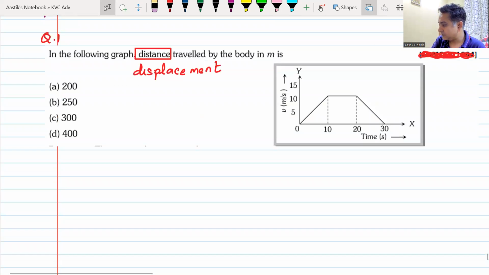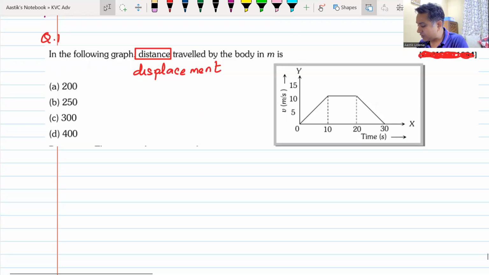Yes, my dear friends. Option A, sir. You just have to find out the area. You find out the area of the three triangles that are given to you. You find out the area of this triangle, half base into height, half into 15 into 10.